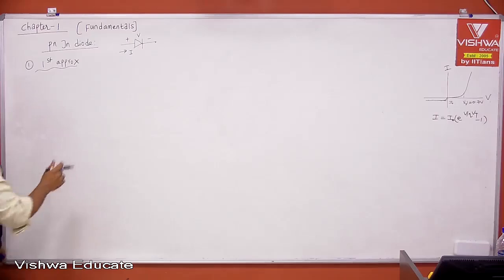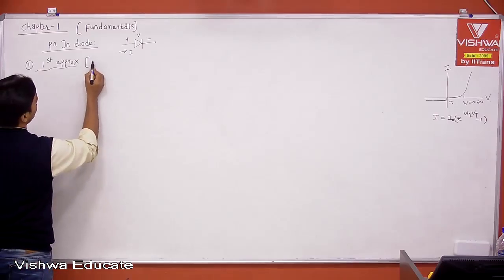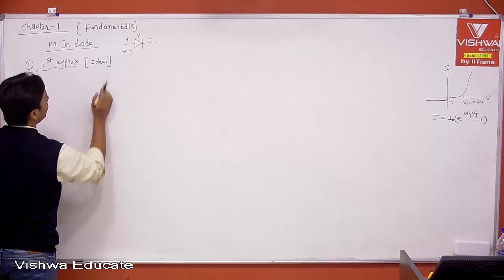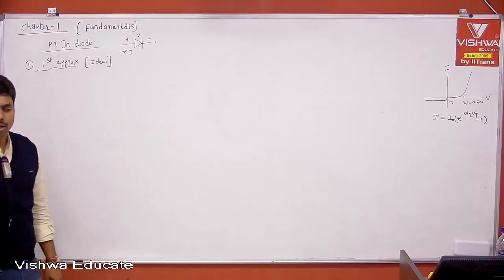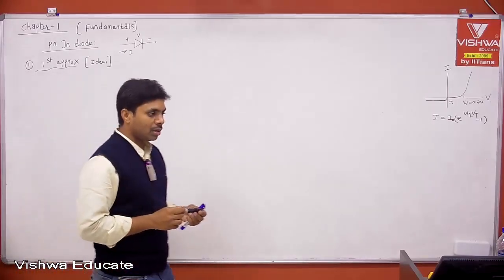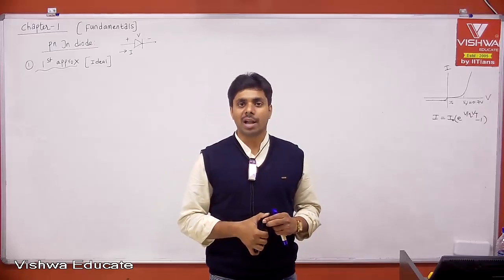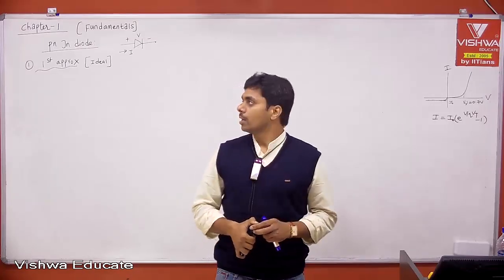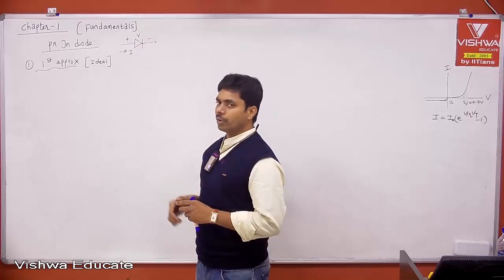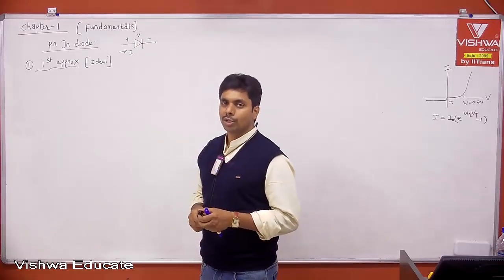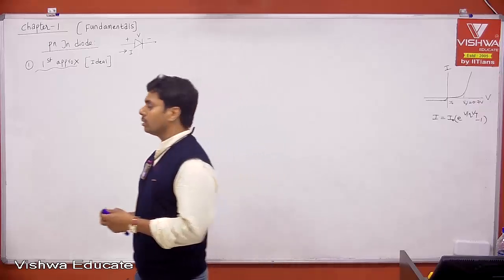People call this the ideal model or ideal PN junction diode, because in some of the problems it will be stated as consider PN junction diode as ideal. What does it mean? If the voltage across PN junction diode is greater than or equal to 0, which is nothing but positive, you take it as on.